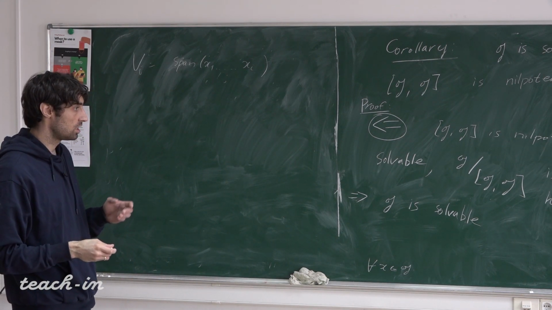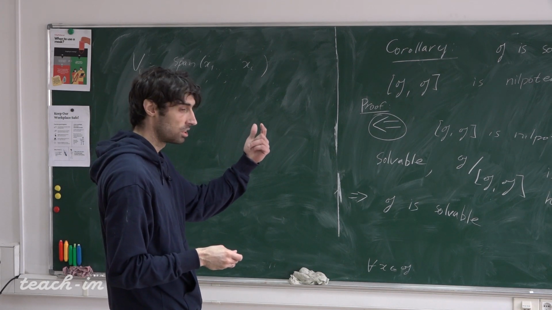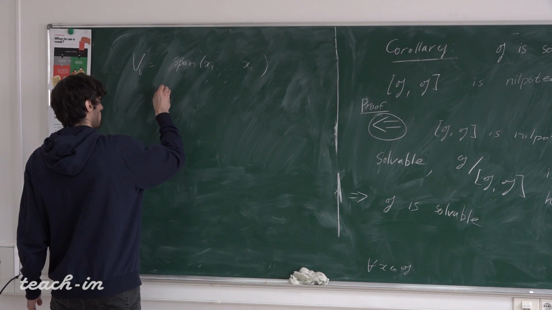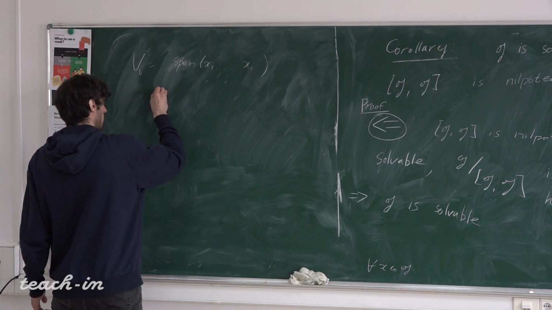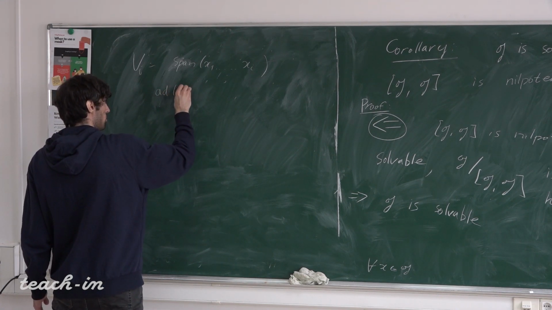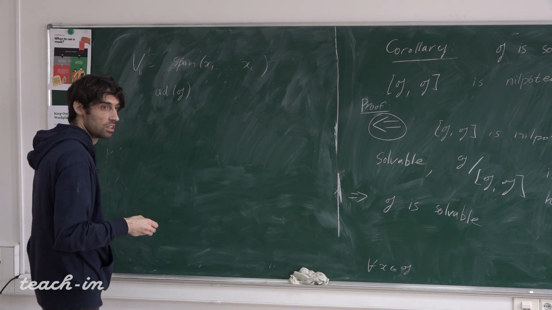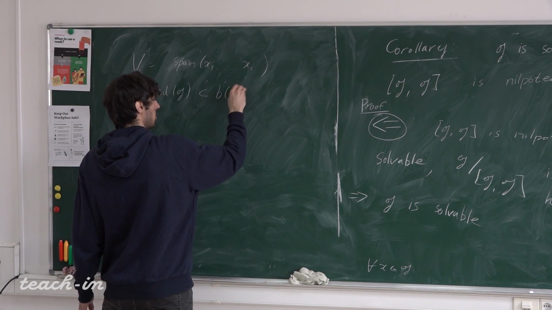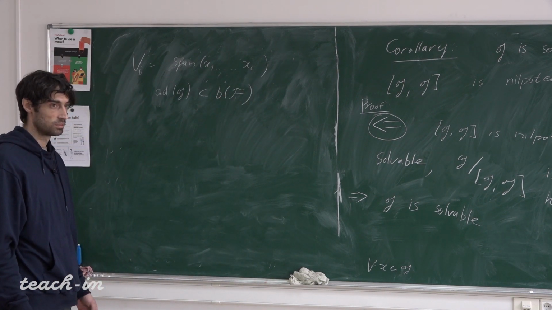Then, because each row of x is upper triangular, we actually know that ad of G is inside B of F, right?